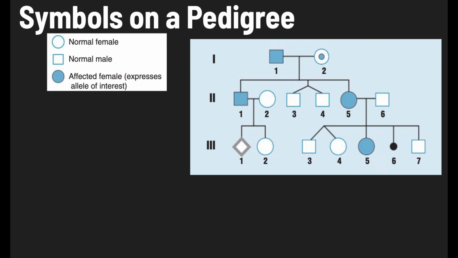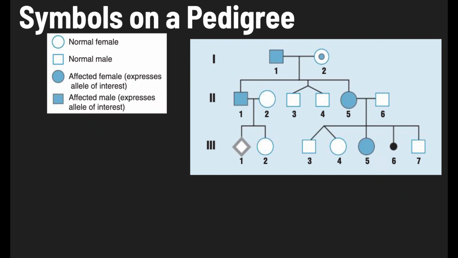If you see a circle that is filled in, then that represents an affected female. This is a female who has the trait that you're tracking through this pedigree. If you see a square that's filled in, that is a male that is affected, or a male that has the trait.